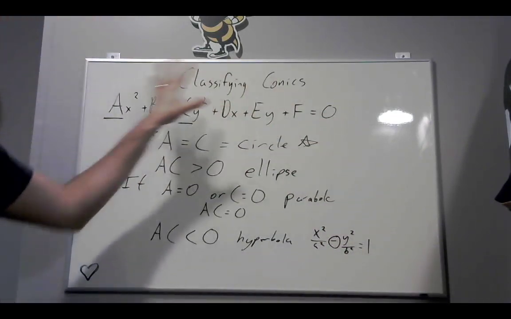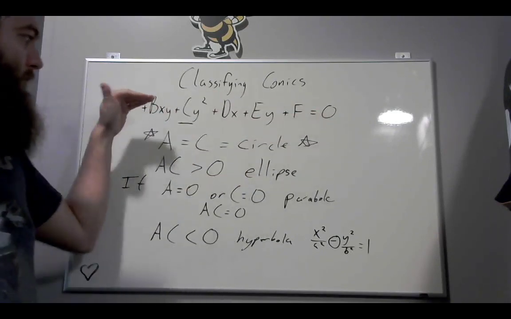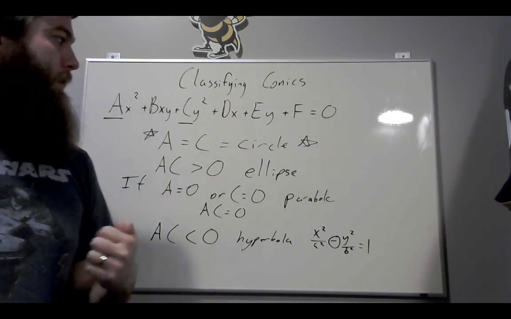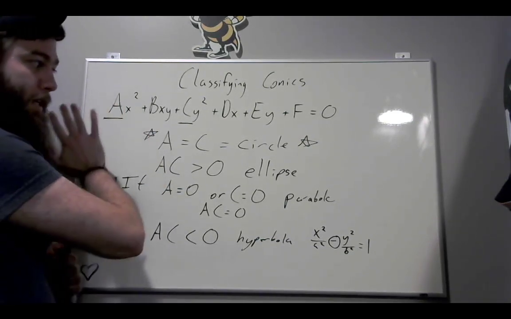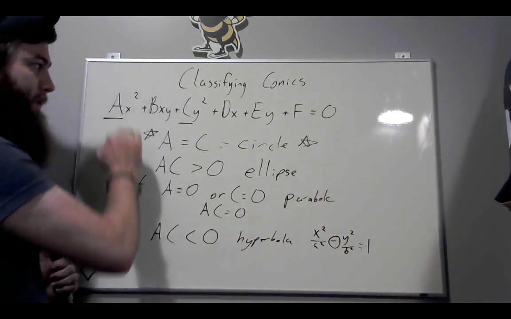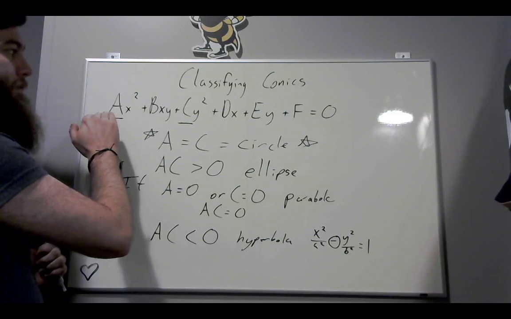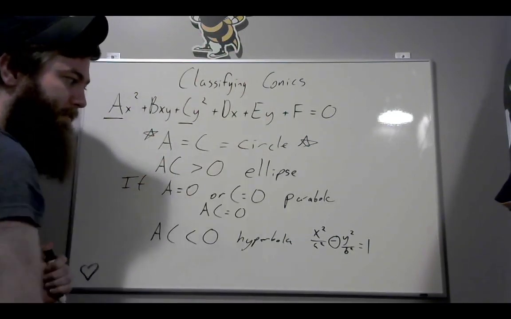So again, these are how to classify given an equation like this, so you can quickly determine which one you're working with. So for all of my pre-cal kids, you need to be able to classify them given a generalized formula. If you have a generalized formula, you can make the standard of any of these.